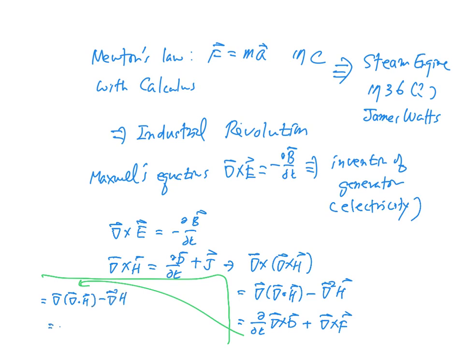It is equal to partial t, curl of epsilon E, plus J. What happens?